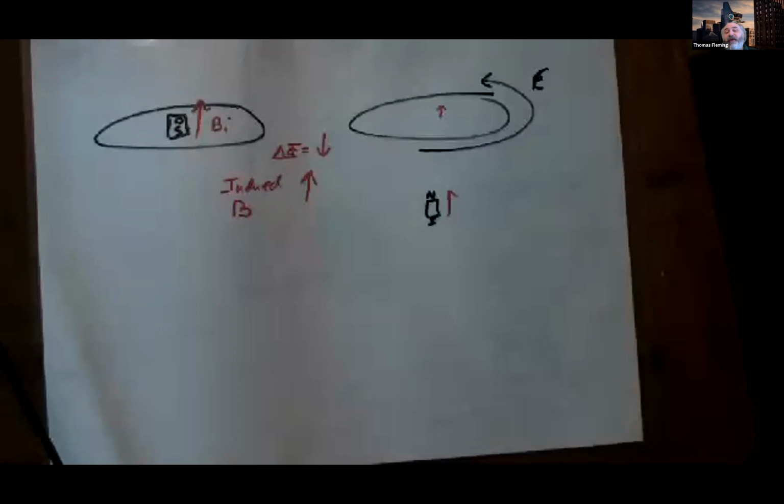And we were seeing the same thing in the simulation earlier. When I bring the magnet in, I get a spike in one direction. When I pull the magnet out, I get a spike in the other direction. In each case, it's trying to maintain the flux inside that coil. So it's doing whatever it can to keep the flux from getting bigger or to keep the flux from getting smaller.